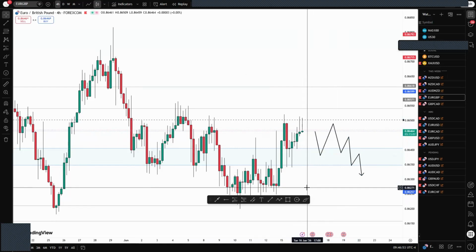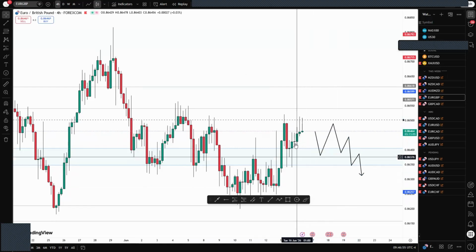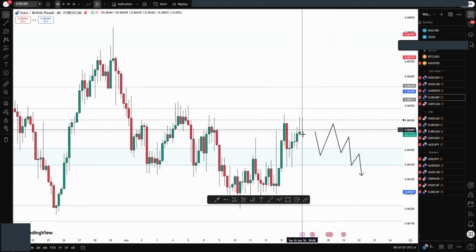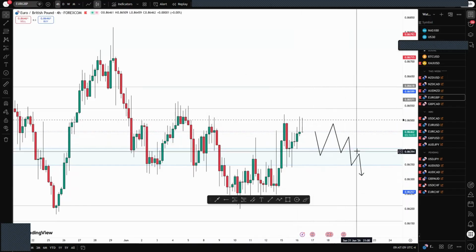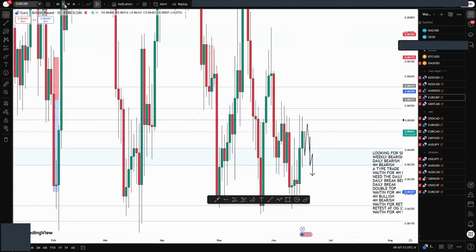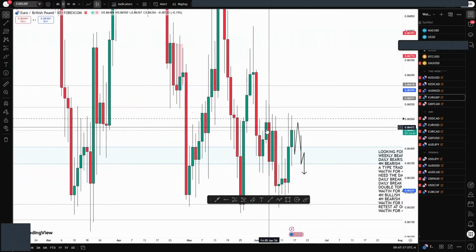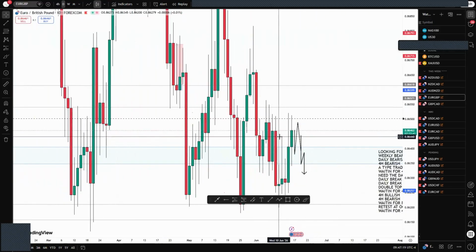So for now, I need price to make a new high. Okay. That's the only way I can participate in this sale. You can see also the daily is trying its best not to take out this double top.